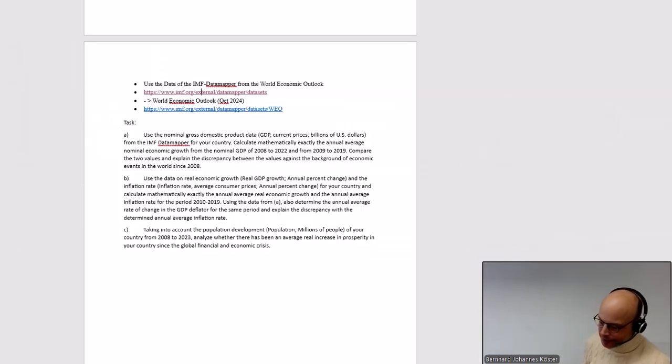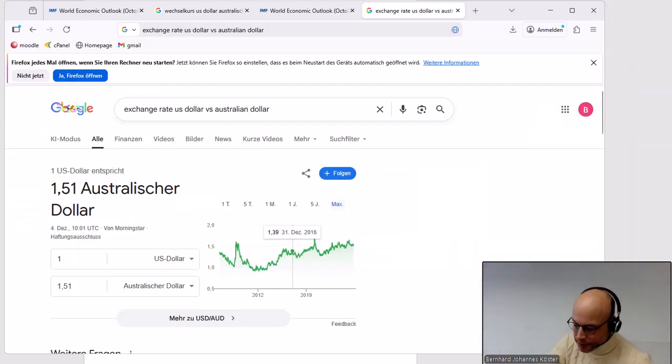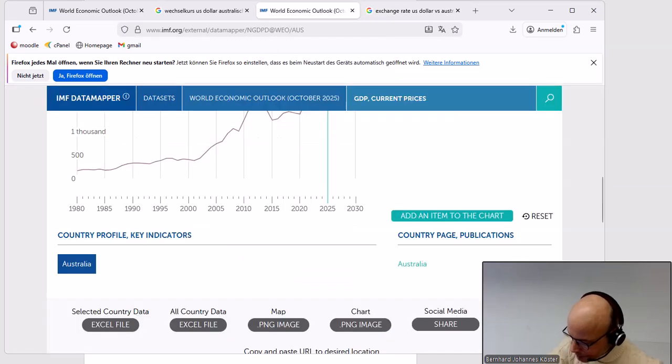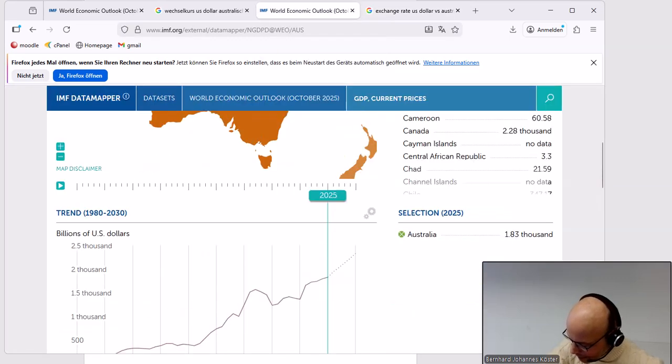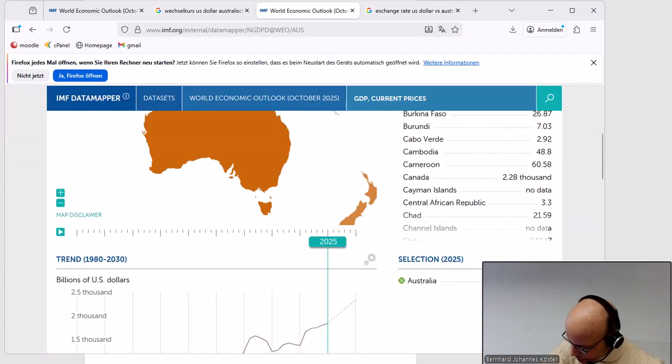Then let's take the next one. Now we should have a look at real GDP growth, inflation rate, and later on we should calculate a GDP deflator. So let's download the inflation rate and the real GDP growth.